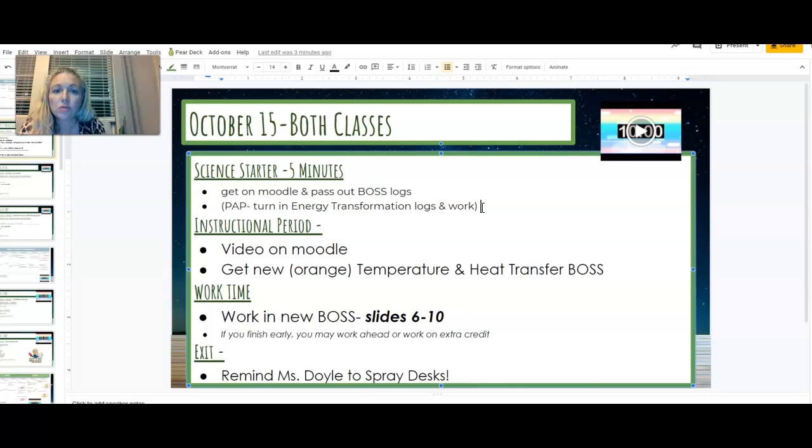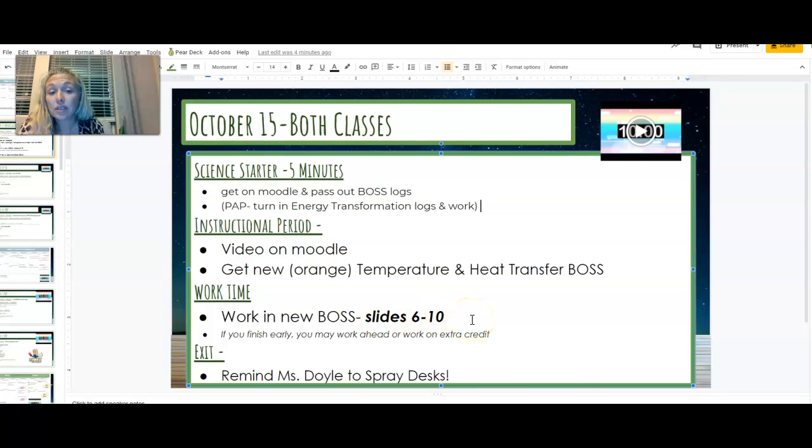Okay, so today I am going to go over some notes with you, and then you're going to work in your new boss, and I'll take you through how to get to the boss. We're going to go over the first section of notes in our boss, and then you're going to get your boss so that you can actually do some work in it, and then you are just going to work on slides 6 through 10.